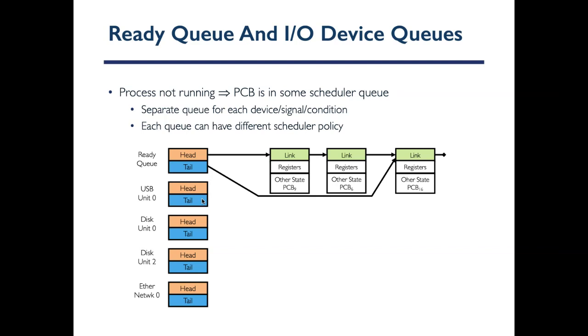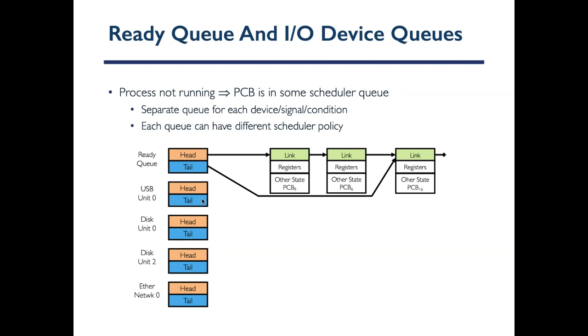PCBs. A disclaimer: this is not necessarily what happens in all ready queues. You could have a different data structure. For instance, the current ready queue in Linux has a red-black tree to store and sort the PCBs or TCBs or whatever, so the ready processes or threads.